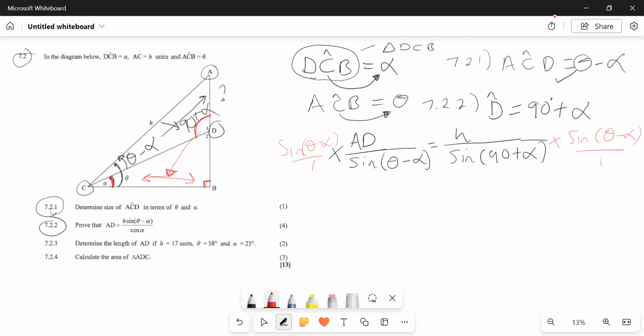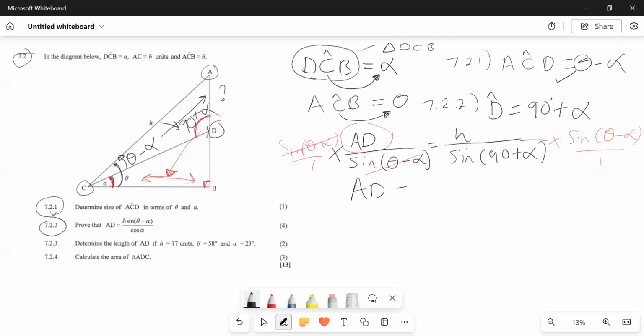The reason we multiply everything by sine theta minus alpha is to get rid of sine theta minus alpha and isolate AD, because we're looking for AD.